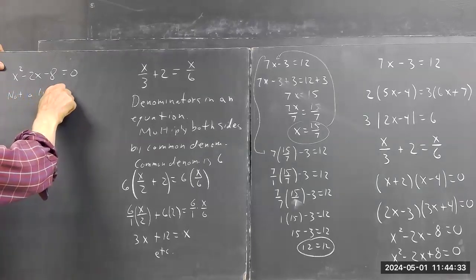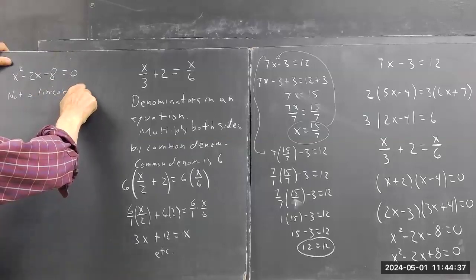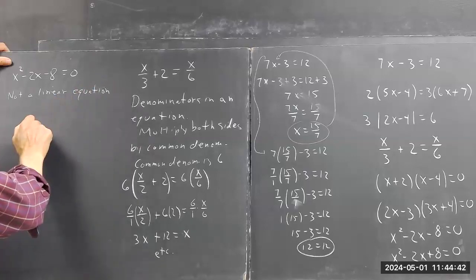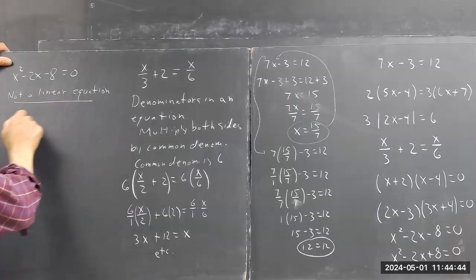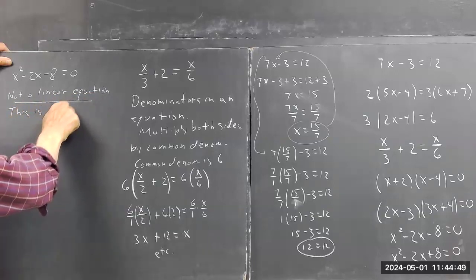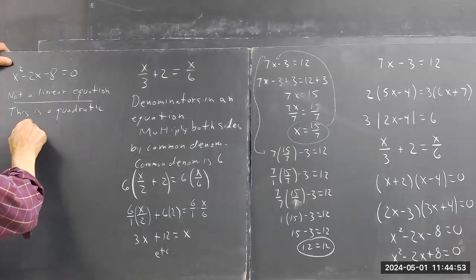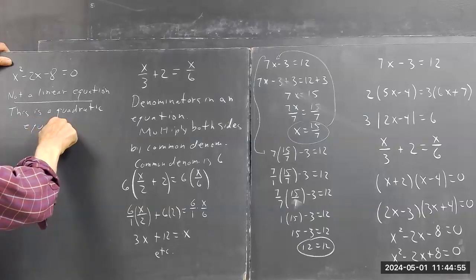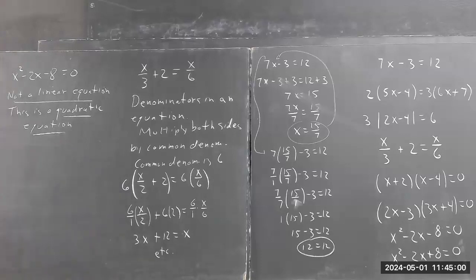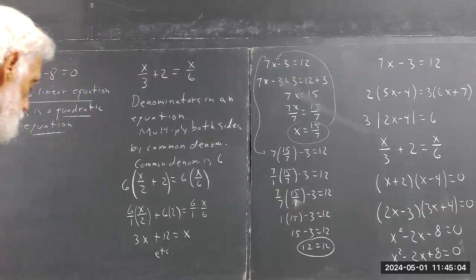In review, what we talked about in the last class or two: it's a quadratic equation, and you do quadratic equations much differently than the way you do linear equations.